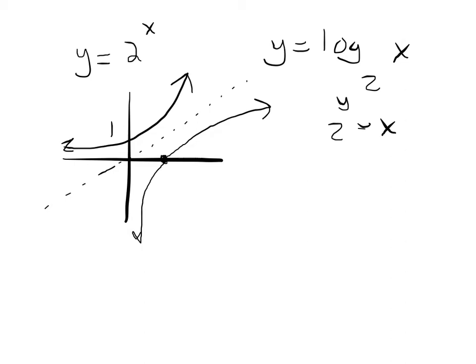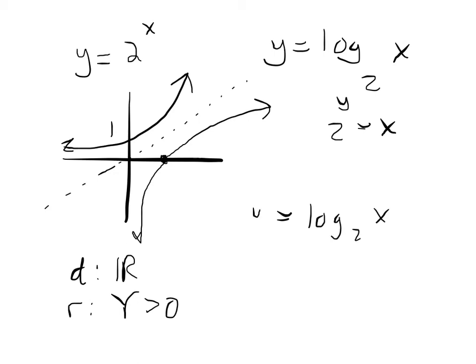Now, my domain for the exponential function 2 to the x was all reals, and my range, my output y, was greater than 0. So we know then for the inverse, for log base 2 of x equals my output, the domain and range are going to switch because I switch x and y.